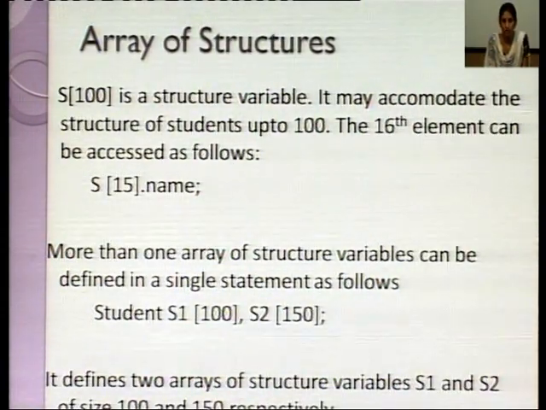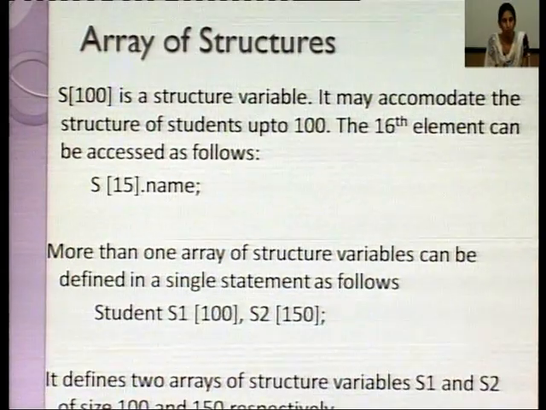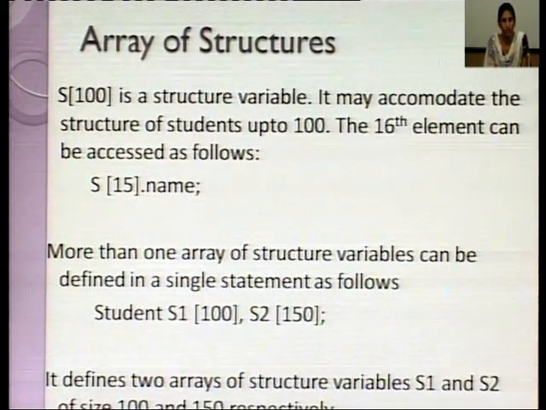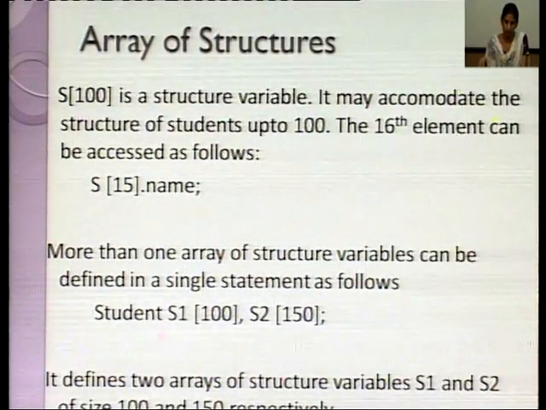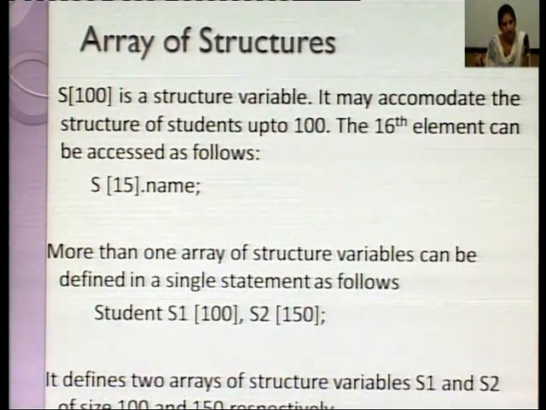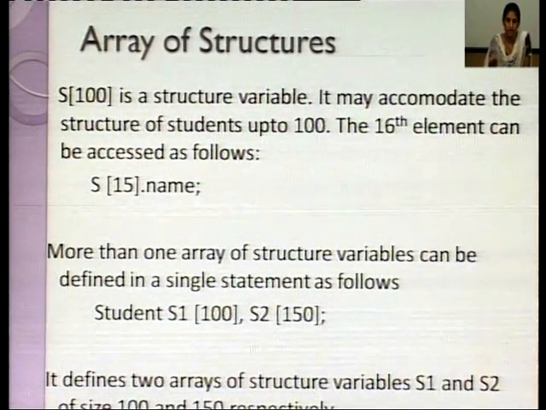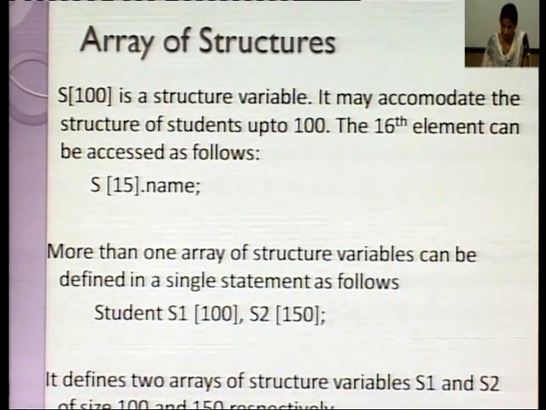S1's index will start from 0 and go up to 99, and S2's index will start from 0 and go up to 149. It defines two array of structure variables S1 and S2 of size 100 and 150 respectively.